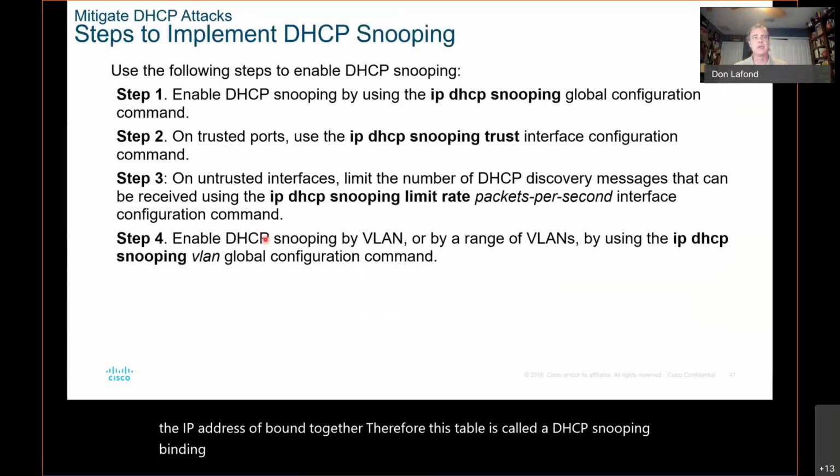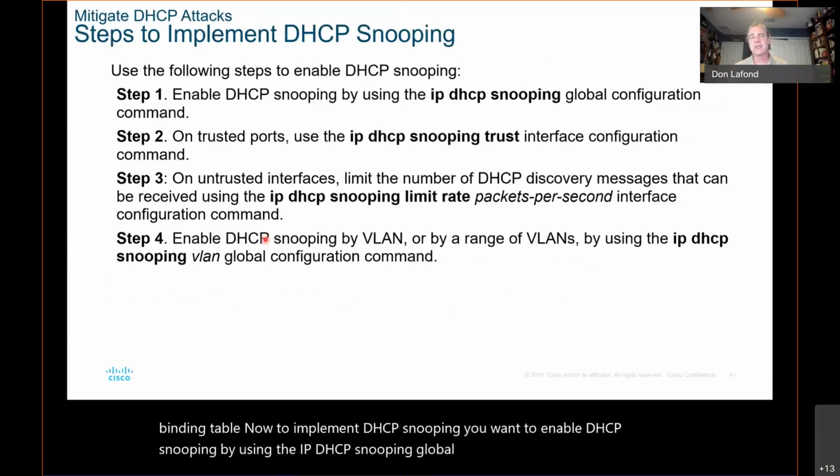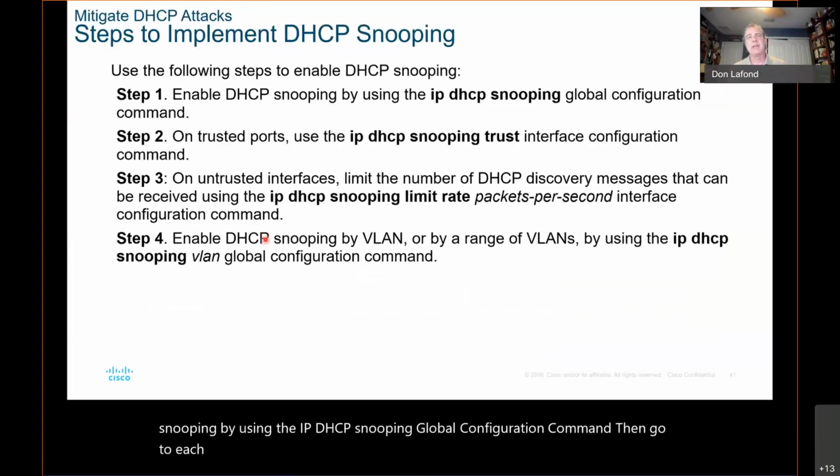Now, to implement DHCP snooping, you want to enable DHCP snooping by using the ip dhcp snooping global configuration command. Then go to each trusted port and type ip dhcp snooping trust, an interface configuration command.